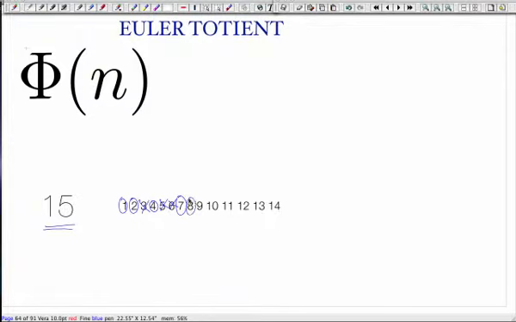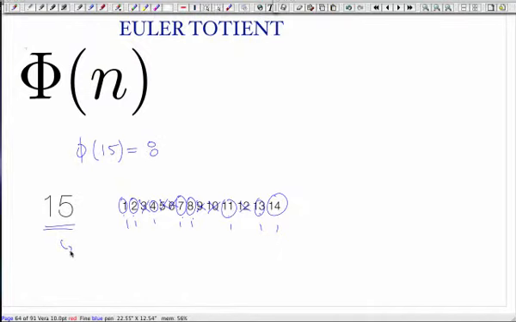Yes, yes, no, no, yes, no, yes. So 1, 2, 3, 4, 5, 6, 7, 8. Should be 8. Okay? So phi of 15 is equal to 8.